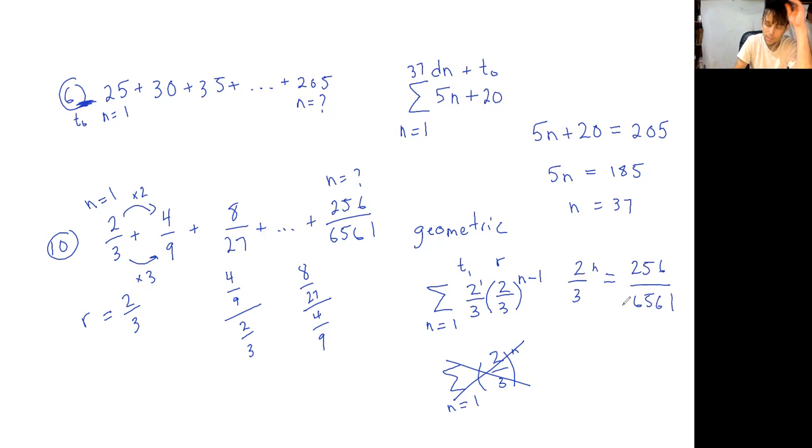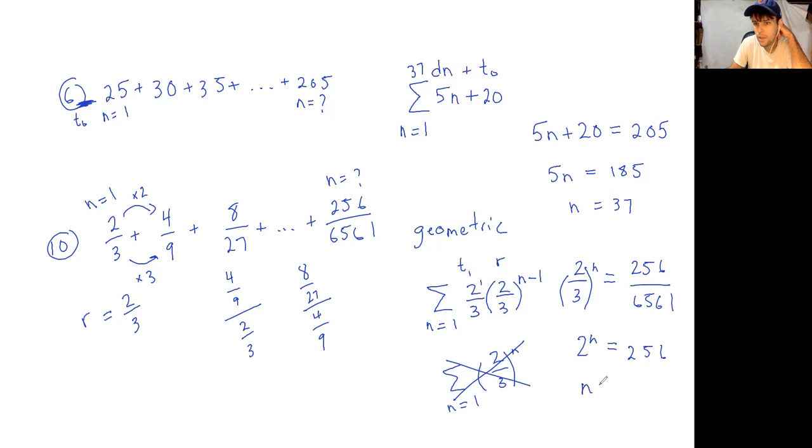Now, really, to solve this, I would need to be using logarithms. But since that's a little bit trickier, I can just look at one part of it. I could just say, 2 to the n is going to give me 256, and I can just think about powers of 2. That's not too hard.